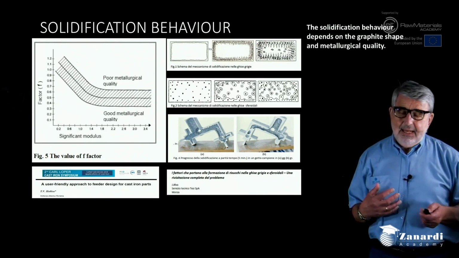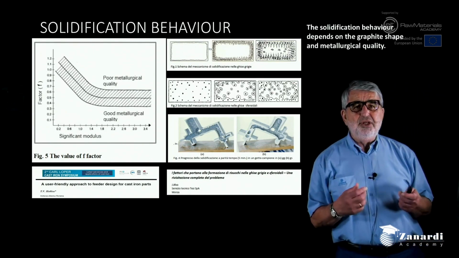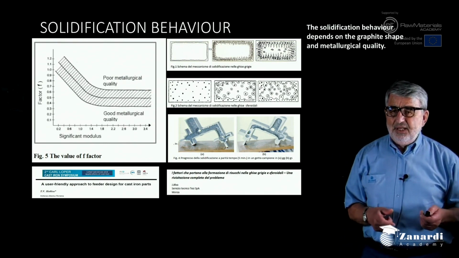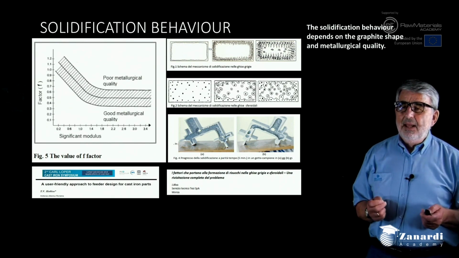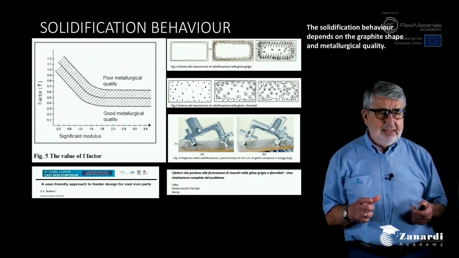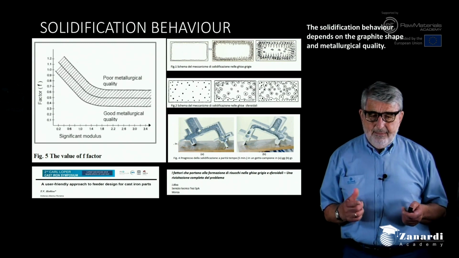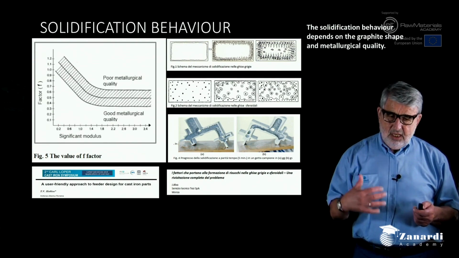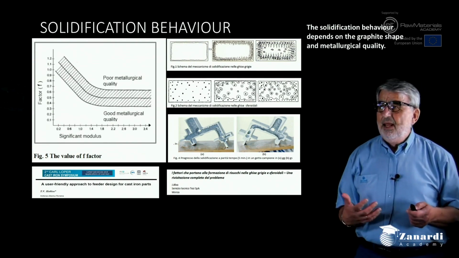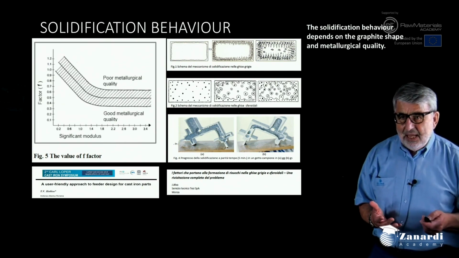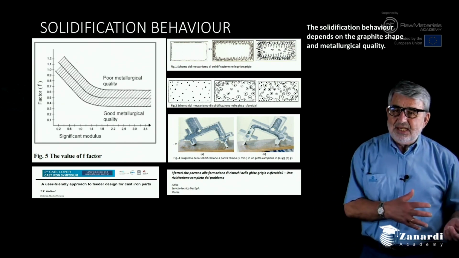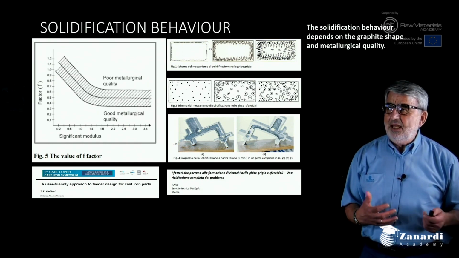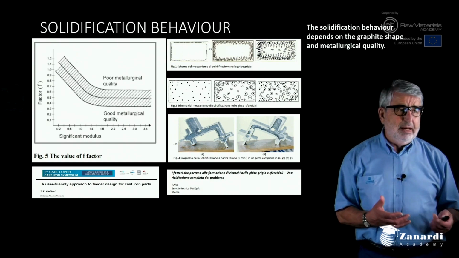So another difference that we have between the lamellar graphite iron and spheroidal graphite iron is given by the solidification pattern through the freezing. You know that when you transform the liquid into solid, you have a release of latent heat. And the rate at which this latent heat is released is very important in determining the solidification pattern.